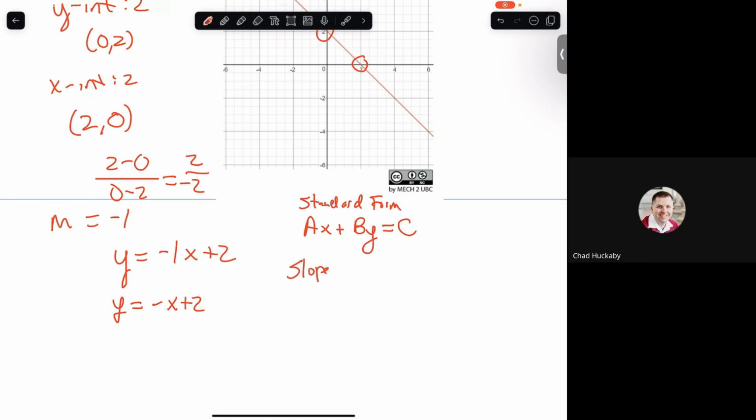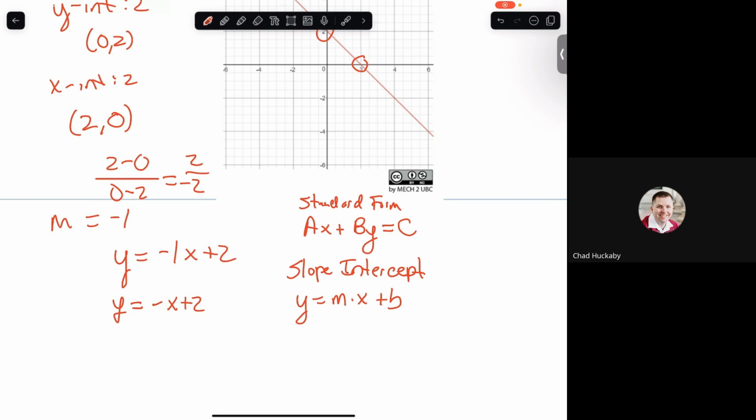Slope-intercept form is y is equal to m times x plus b. In this case, m and b are just real numbers. They can be fractions, decimals, whatever they need to be.